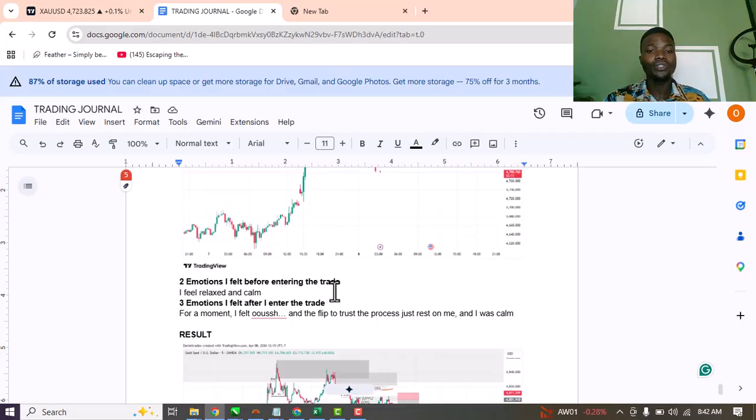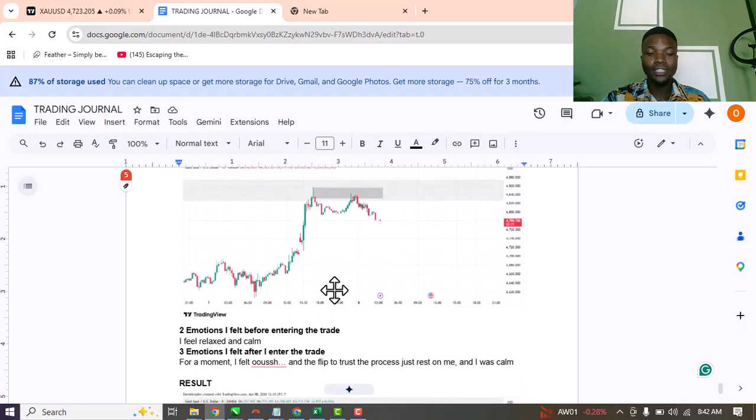While I was analyzing this market, I wasn't feeling emotional. My psychology was in the right order. I was not trying to guess anything. I just ensured that I was relaxed and calm while analyzing this market.